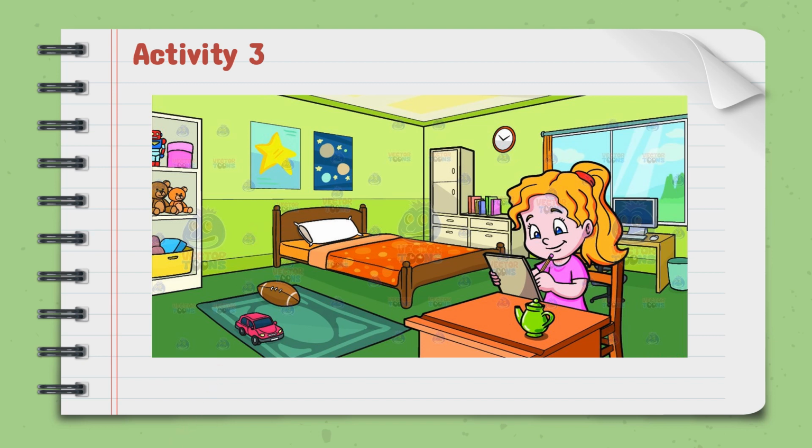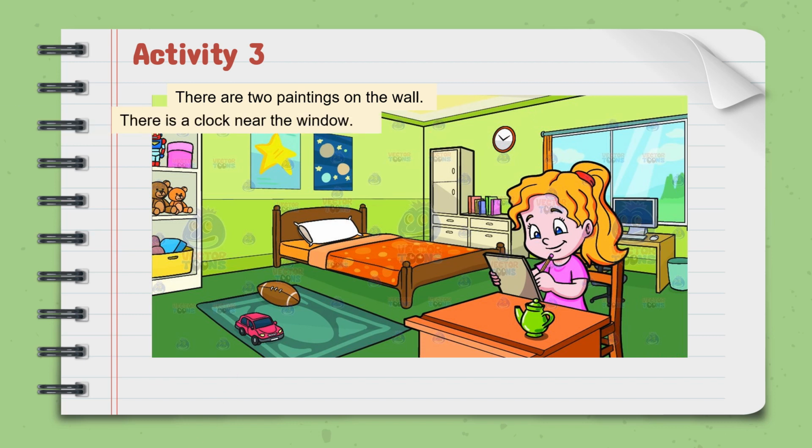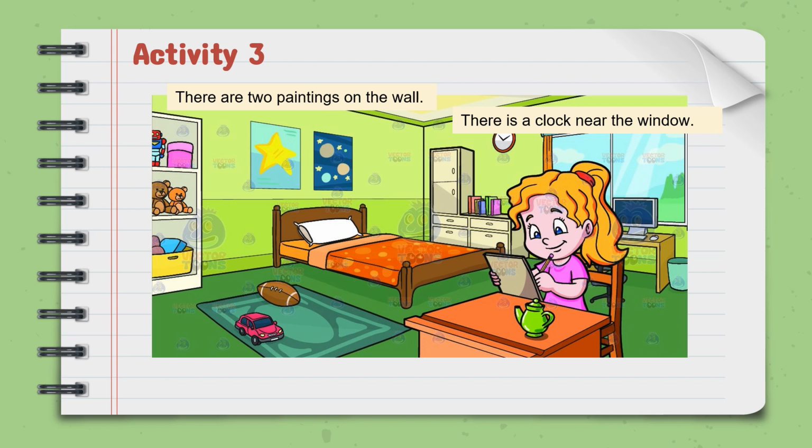So what kind of sentences can we make? Yes, there are 2 paintings on the wall. How about the other side of the wall? What can we see? Use the words that we have learned in our previous lessons. Yes, you're right. There is a clock near the window.